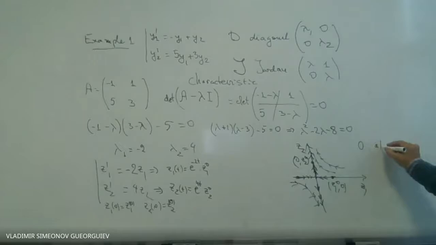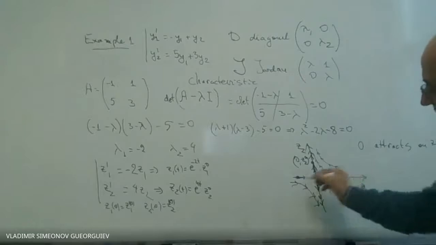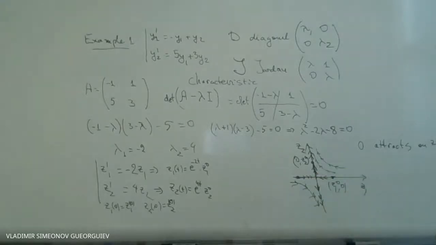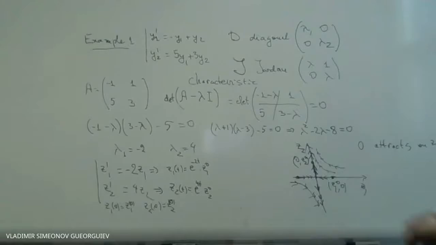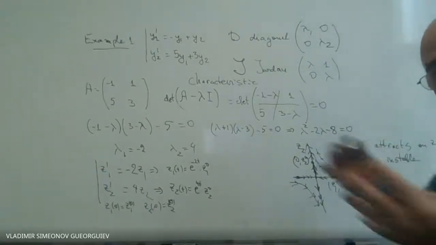0 attracts Z1. So we attract the behavior, and in this direction we have very nice behavior. But in the direction of Z2, we have instability. 0 is unstable. Unstable, this is very important for applications.